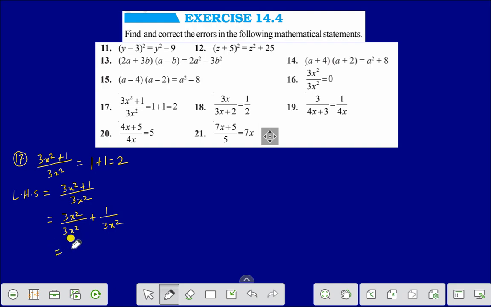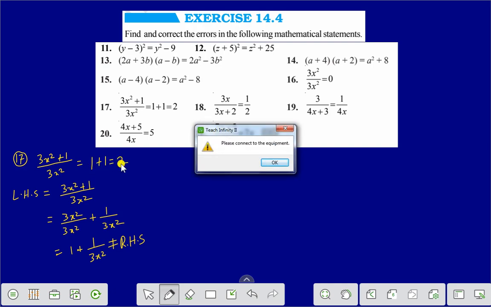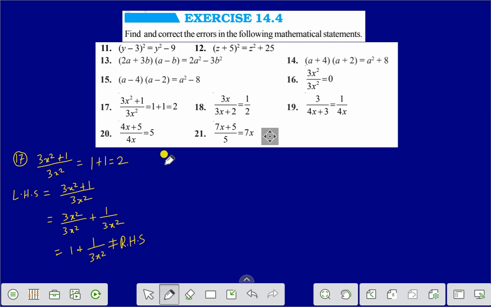That is equal to 1 plus 1 by 3x square, which is not equal to our right hand side, because they have written 1 plus 1, which is not correct. The answer will be 1 plus 1 by 3x square. The reason is 1 plus 1 is equal to 2, which is not equal to the right hand side.